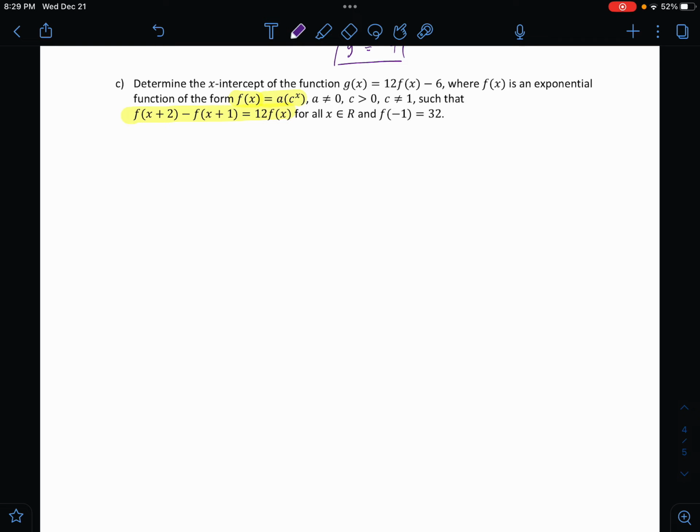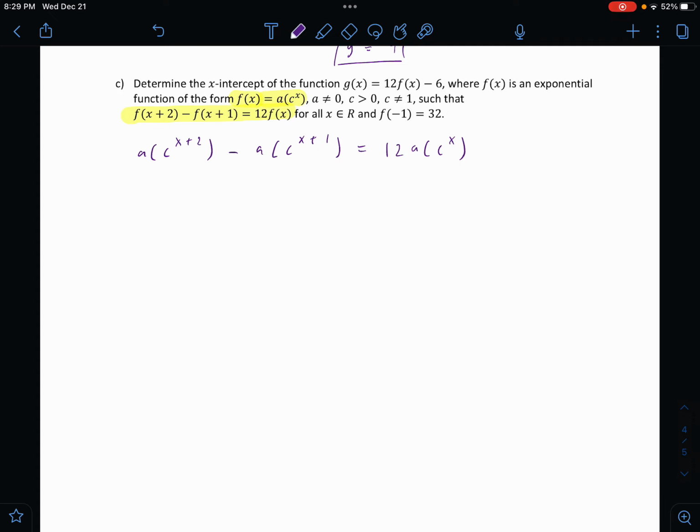And so if we use function notation, we're going to have a times c, and we're substituting x plus 2 in for x. Okay, and then f at x plus 1, we're going to have a times c to the exponent of x plus 1, close bracket, is equal to 12 multiplied by, so I'll just write a times c to the exponent of x.